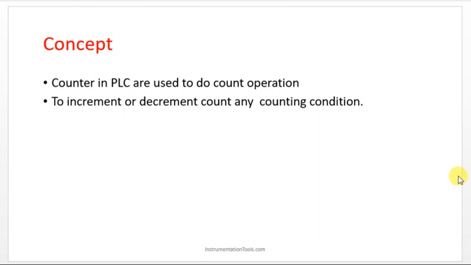So you want to count how much has crossed, in one day, 1 hour, 1 minute or 1 second, whether it is a package or any product. If you want to have a count, you can make use of the counter instruction in PLC.